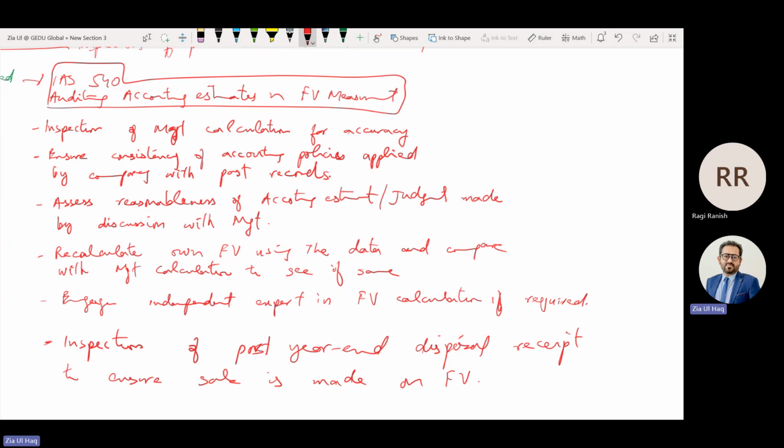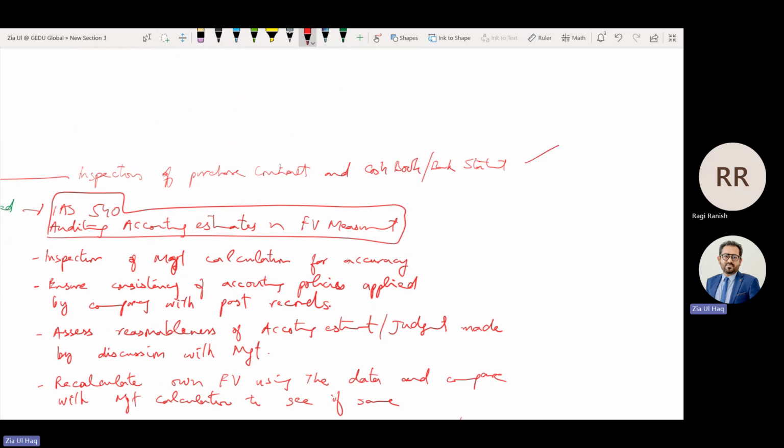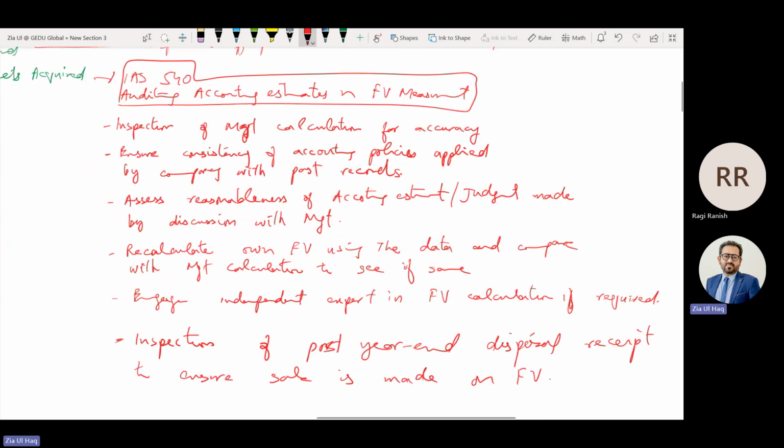Because if the sale is made on an amount that is too much different from fair value, this means that fair value was over or understated. So these procedures we should memorize. Now we can verify goodwill. One for verifying cash consideration and 1, 2, 3, 4, 5, 6 for verifying fair value of net assets acquired.